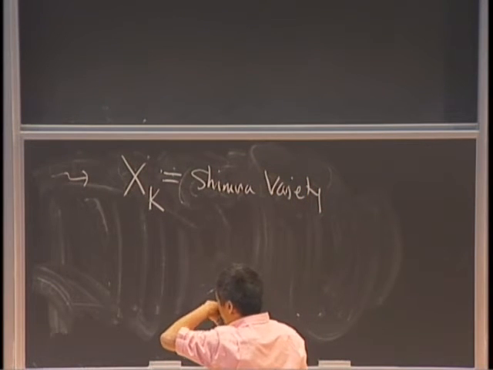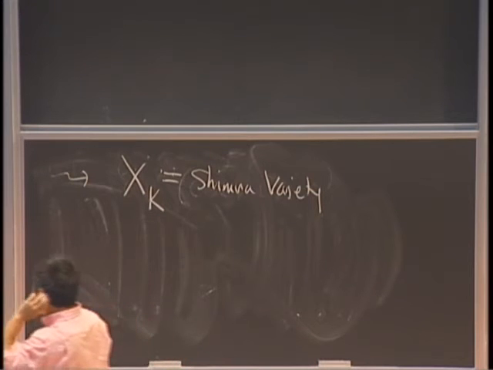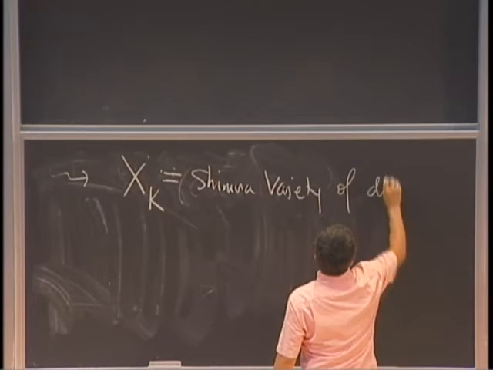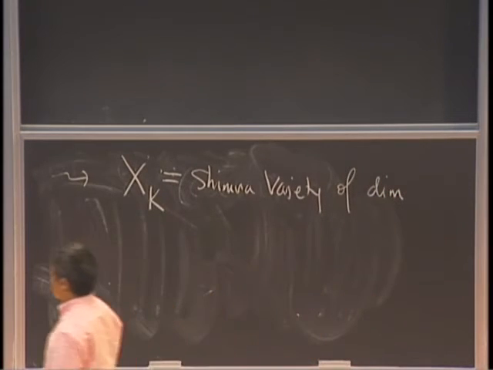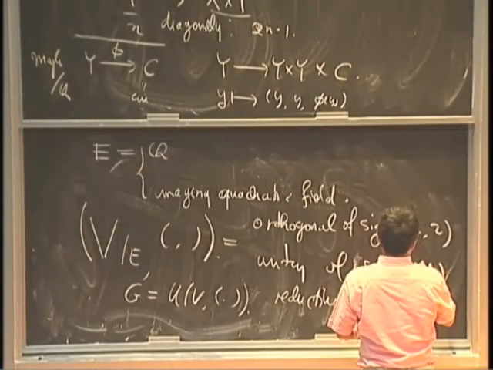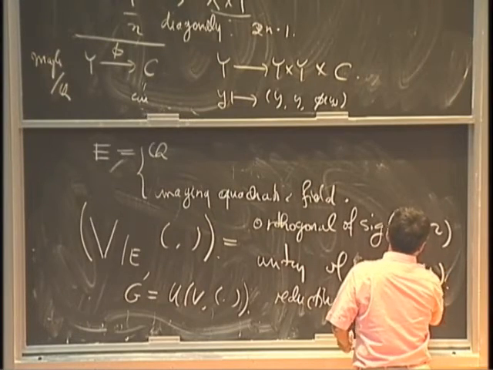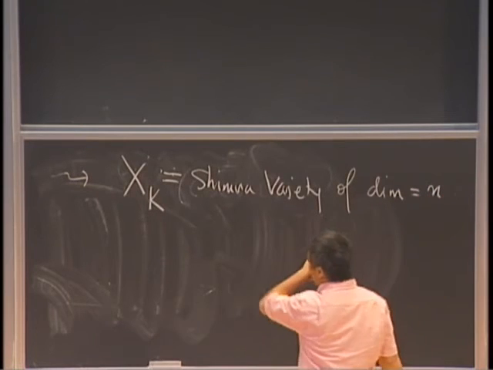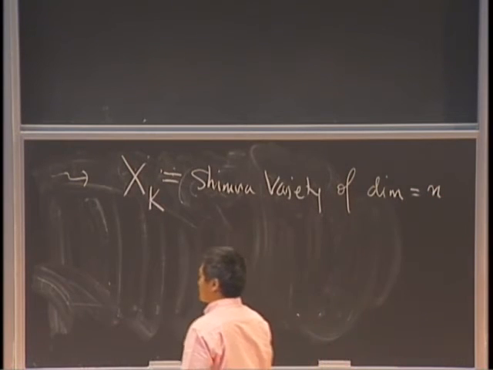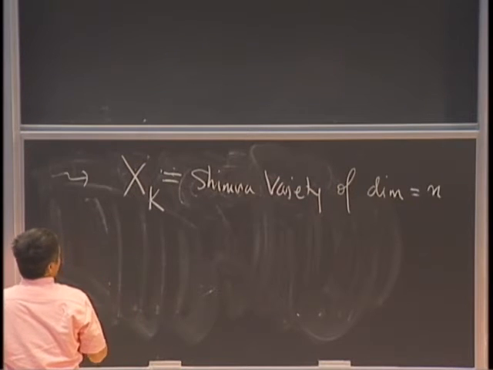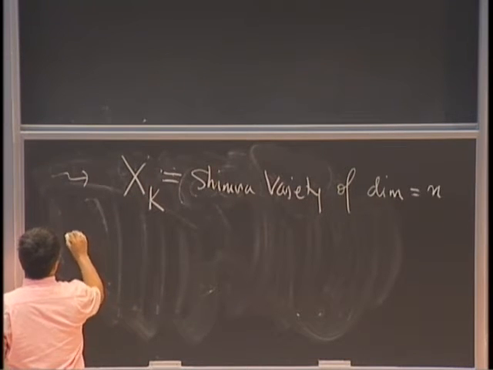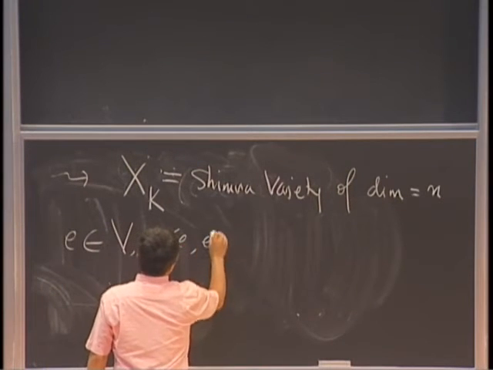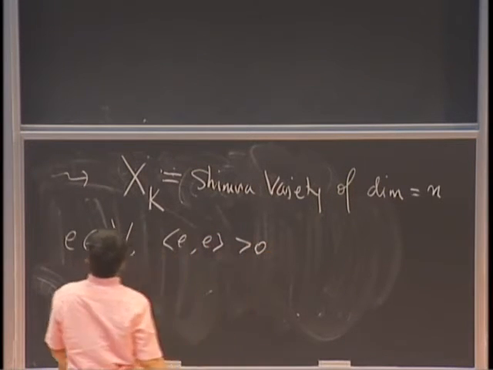Let me try to make this better, so I know how to write the dimension. It equals n. Now I take a vector e inside V, with norm positive.